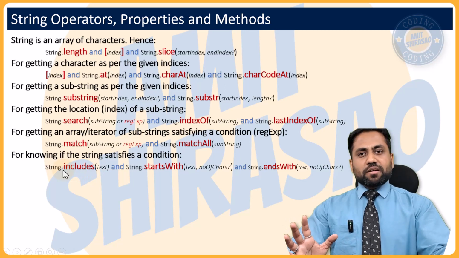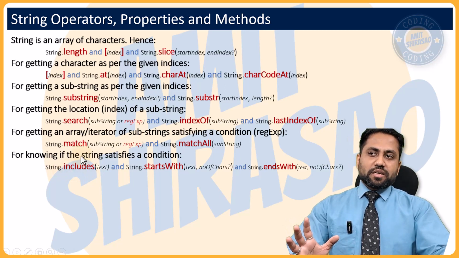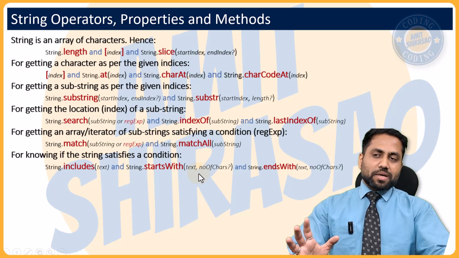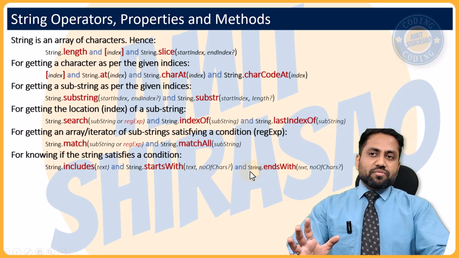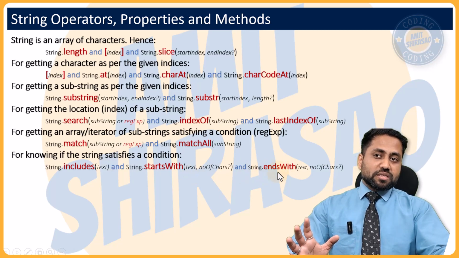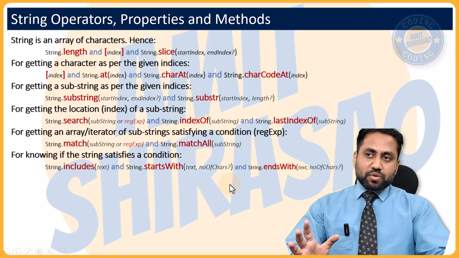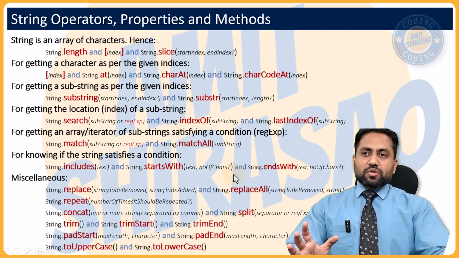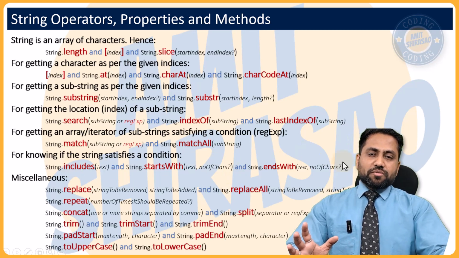We just want to check whether the string includes a certain substring, whether the string starts with a certain substring, and whether the string ends with certain text. Okay, this is what we want. So it will give you true or false. All these three will give you true or false.